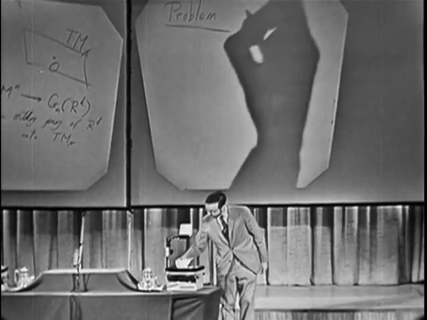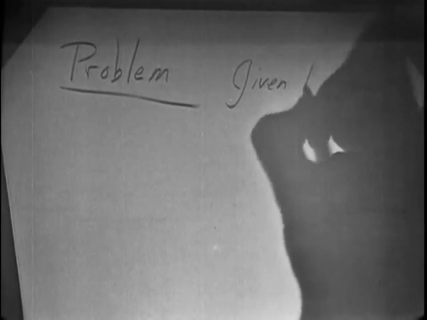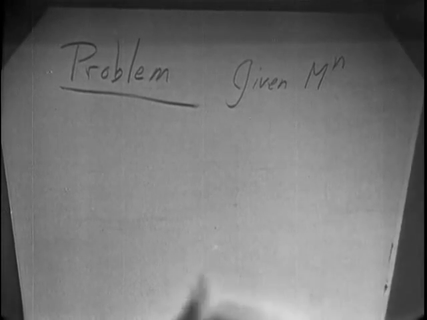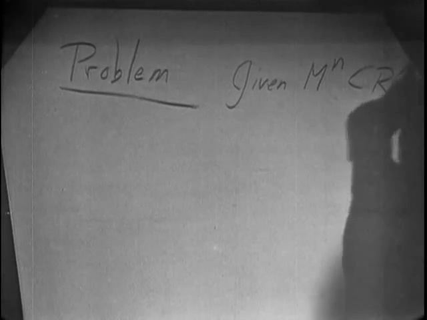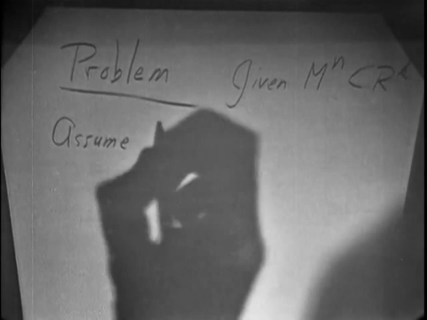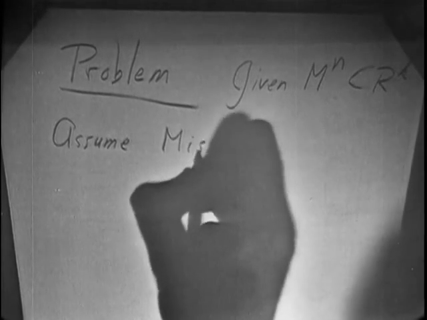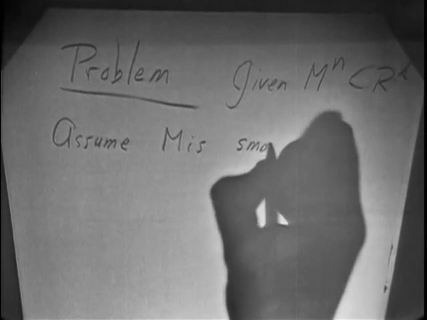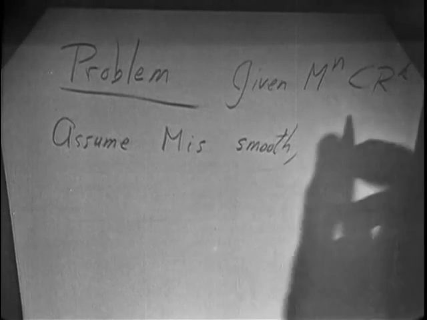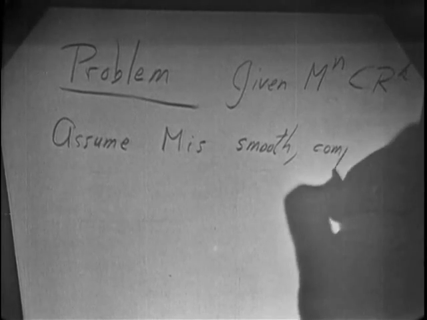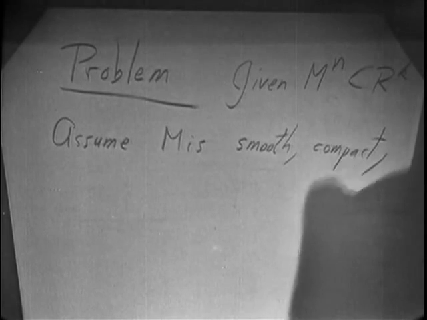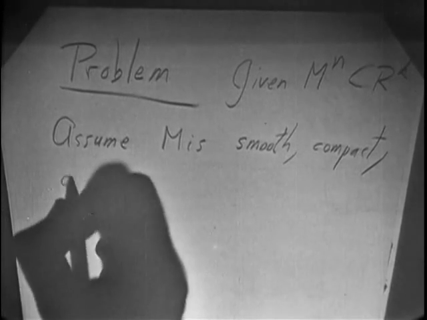So suppose that we're given a manifold M^n in R^k, and let me make the following assumptions. Assume that M is smooth, compact, and let me assume also that it's oriented.